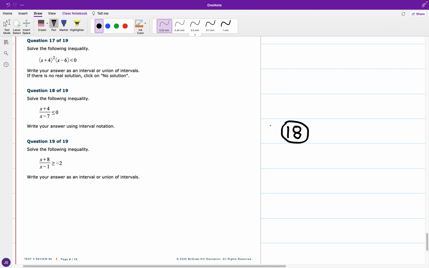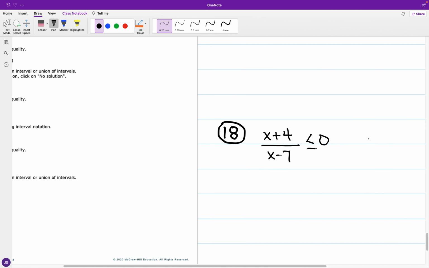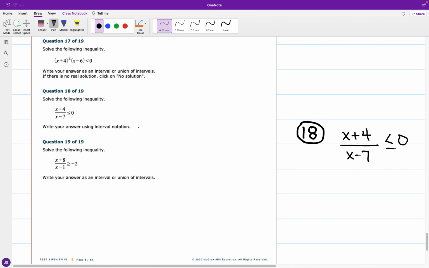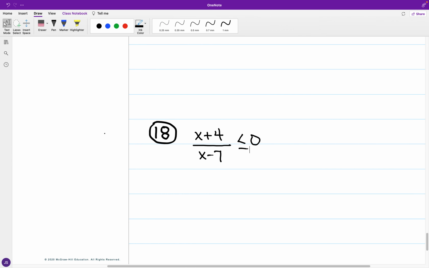For 18, we're looking at where x plus 4 over x minus 7 is less than or equal to 0.